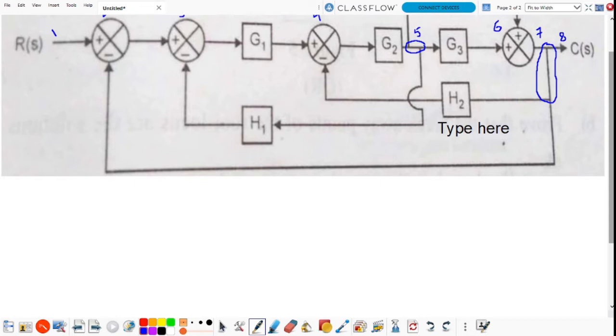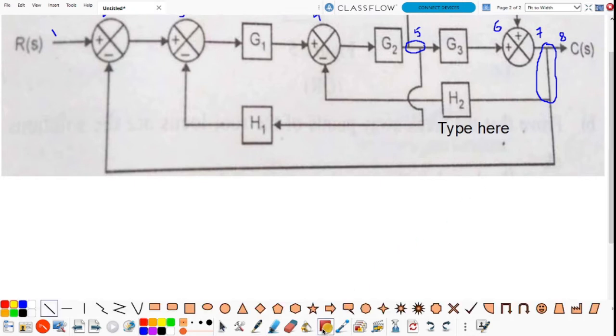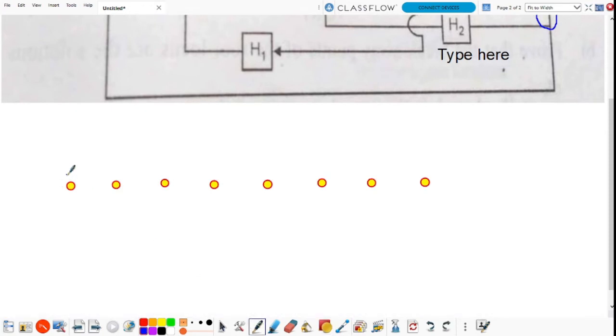Totally there are 8 nodes: first node, second node, third node, fourth node, fifth node, sixth node, seventh node, and eighth node.